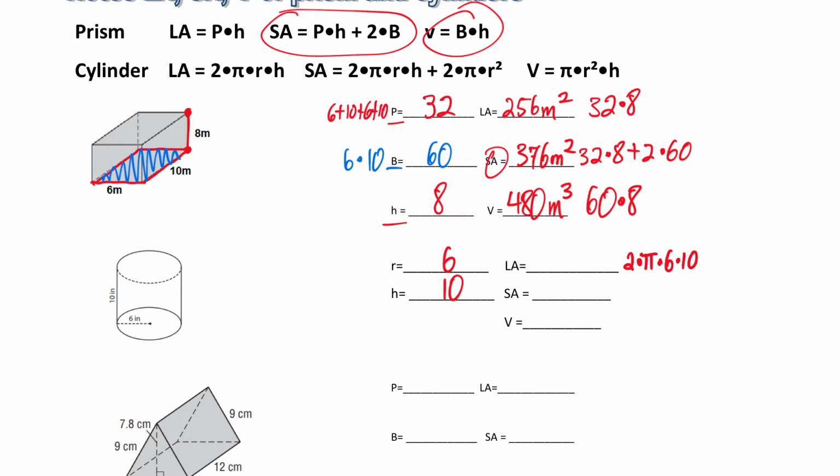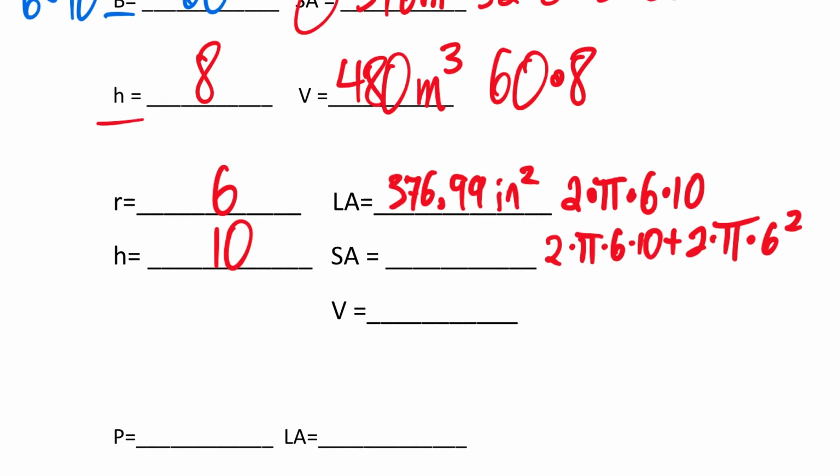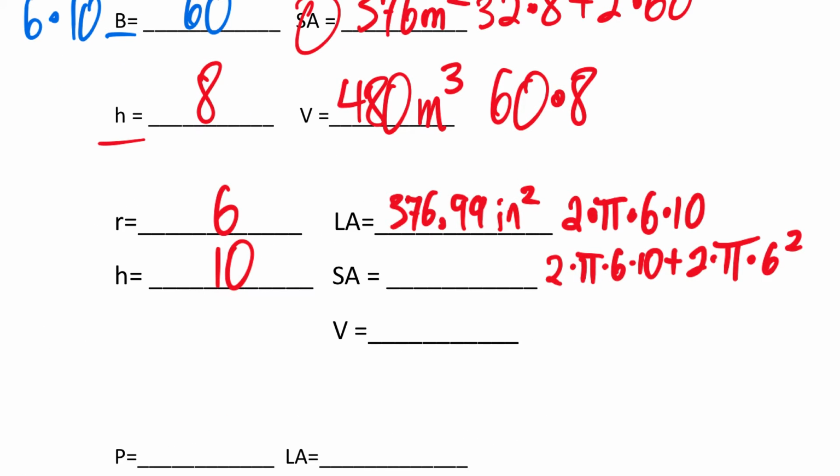Two pi times 6 times 10. 376 point what? Okay, square inches. For total surface area, it's 2 pi RH plus 2 pi R squared. 603.186. Okay, so we'll say 19.